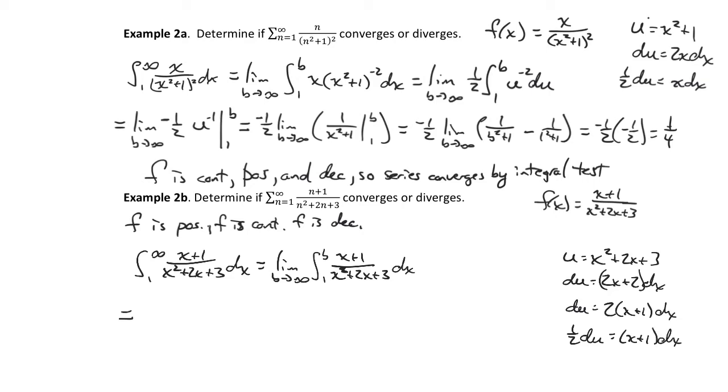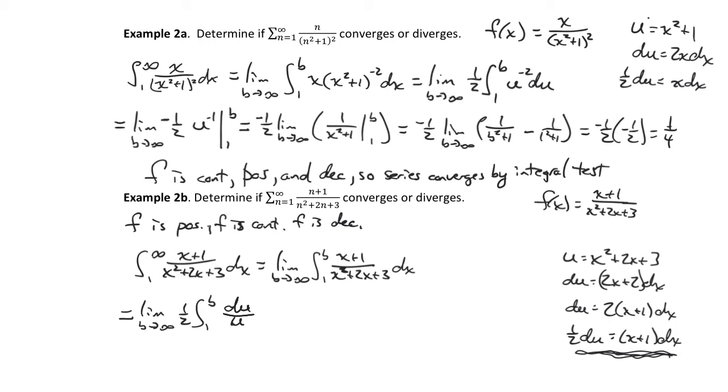So let's see what we end up with. The limit as b goes to infinity, I'll bring the 1/2 out, and the x plus 1 dx is 1/2 du. Integral from 1 to b, and then x plus 1 dx became the du, so we get du, and that denominator is just u.